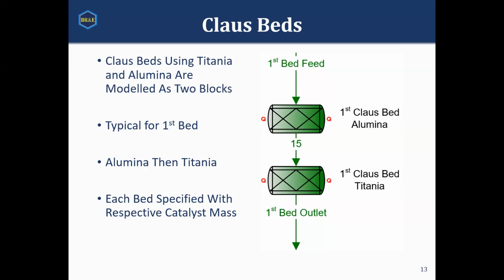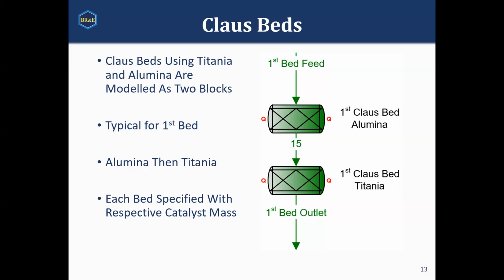Now, if you have a Claus bed that is two different catalysts in the real world, say like your first bed typically, where there is an alumina bed and a titanium bed for the specialized COS-CS2 hydrolysis, ProMax will need to model that as two separate blocks. We'll have to split up the beds, so we'll have a first Claus bed as an alumina section, and then we'll have a first Claus bed as the titanium section, as you can see in the screen grab to the right of the PowerPoint.